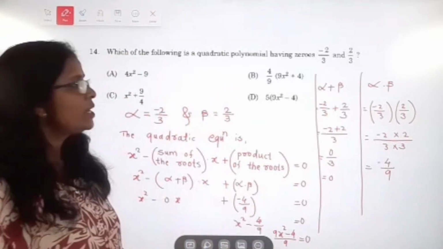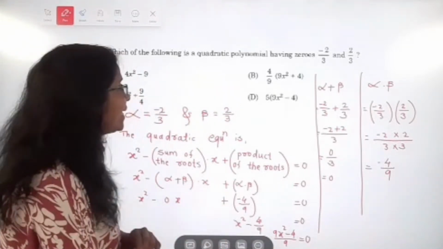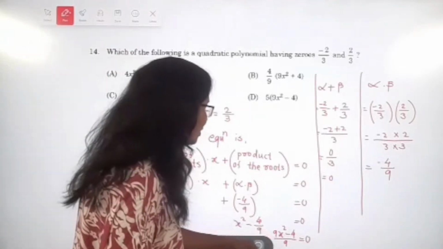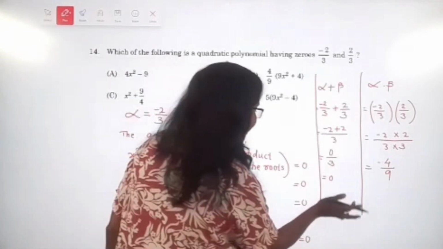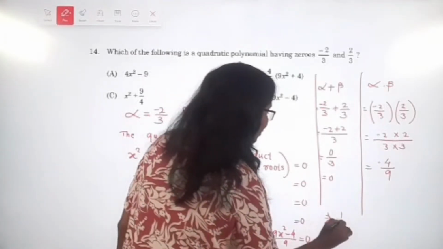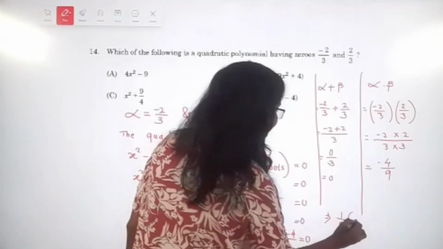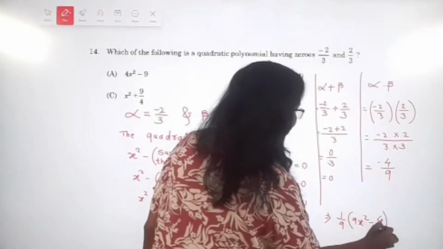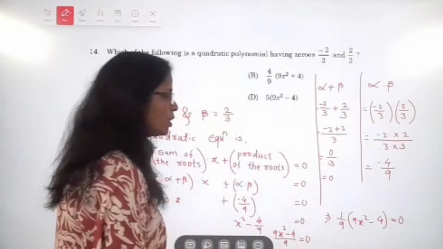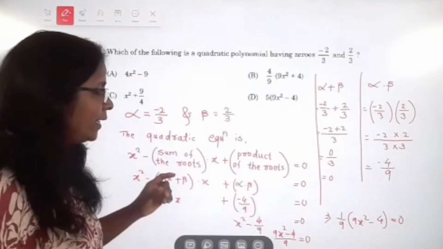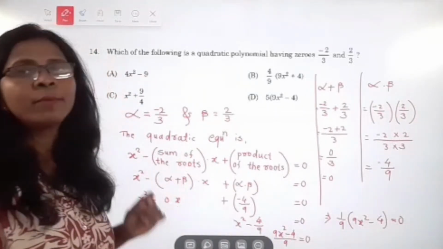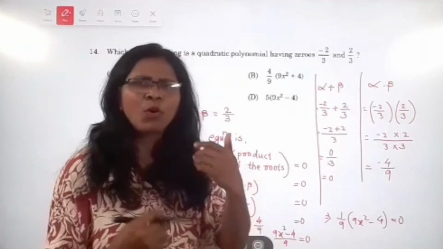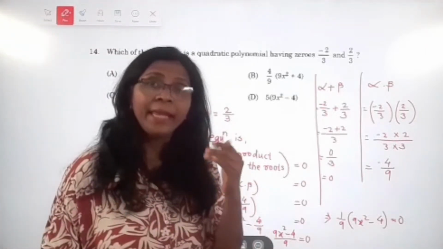Okay students, so we can say that 1 upon 9 in the bracket, 9x square minus 4, is equal to 0. Now, students, in the bracket there is 9x square minus 4, and 1 upon 9 is a constant value. It may be any value.